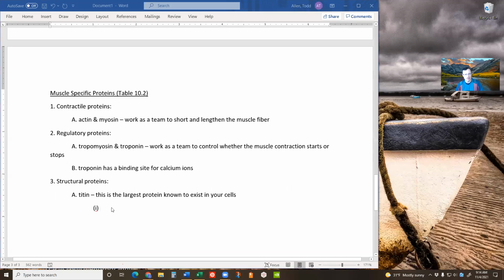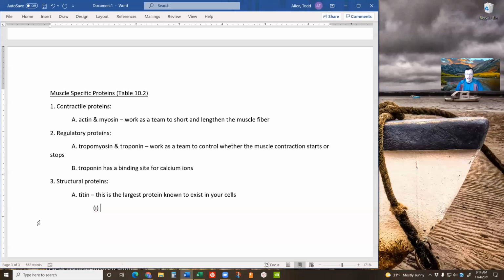Titin actually has the physical geometry of a metal spring. And so the point here is that titin can stretch out, which is part of the stretching or extensibility characteristic of muscle cells. And when necessary, it can compress back.